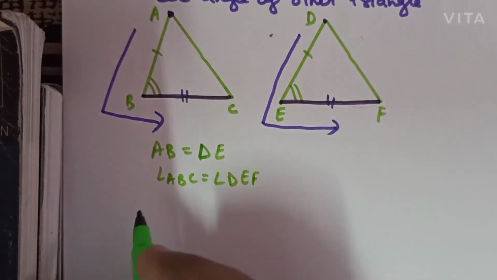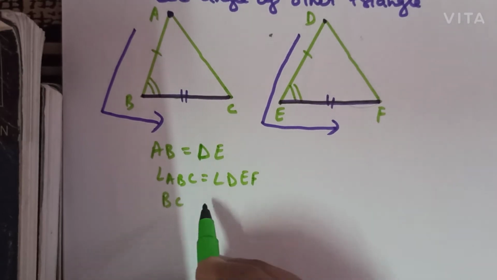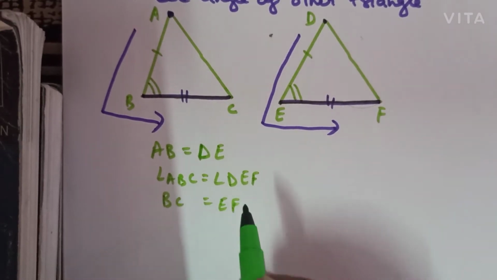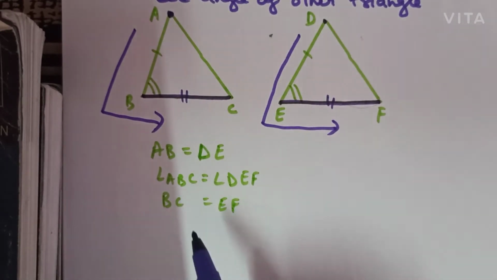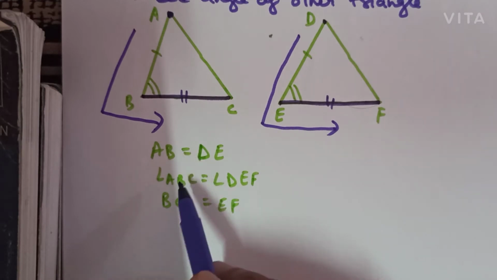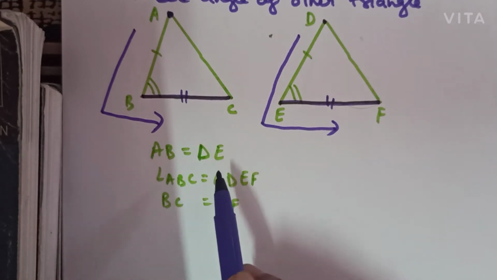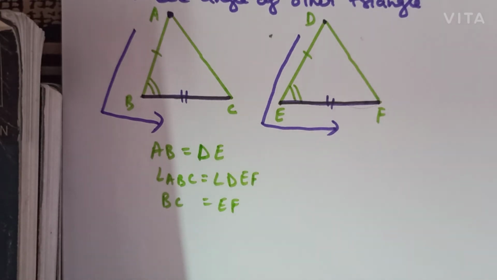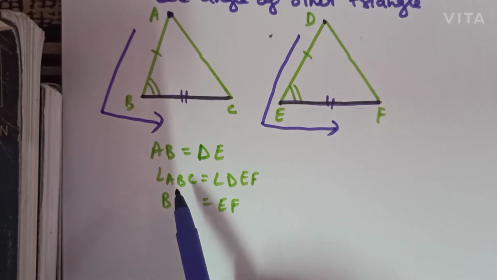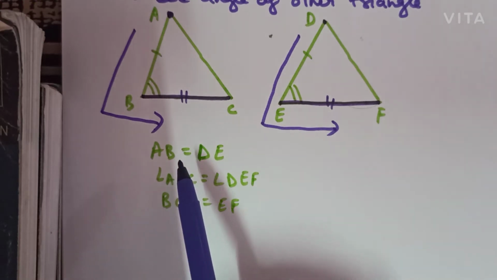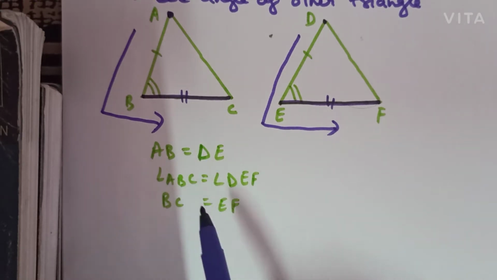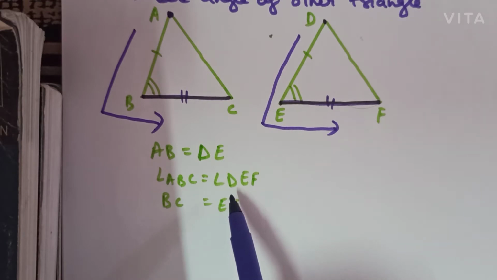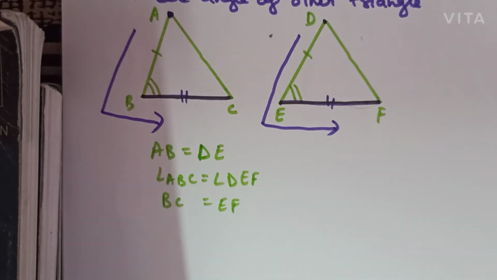So we say that two sides AB and BC of triangle ABC are equal to the two corresponding sides DE and EF of triangle DEF, and the included angle of triangle ABC, that is angle ABC, is equal to the included angle DEF of triangle DEF.